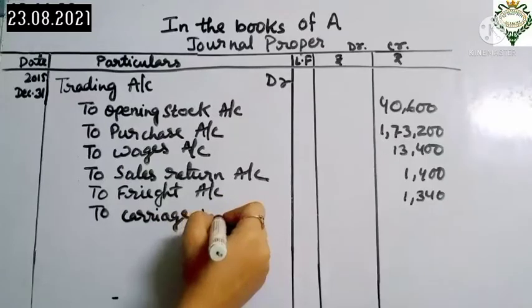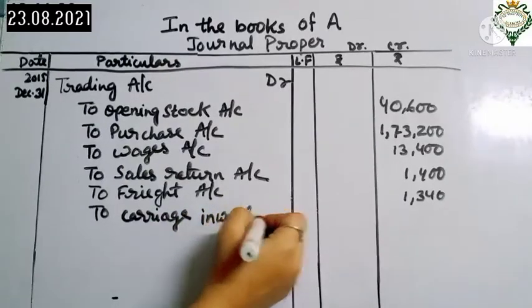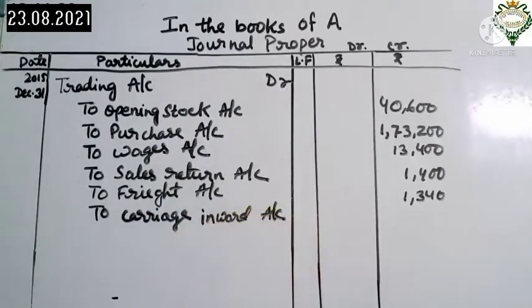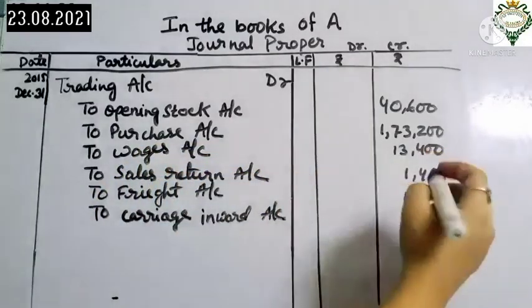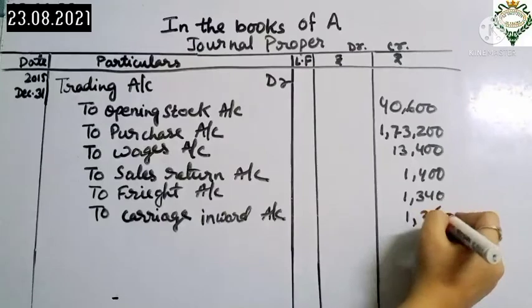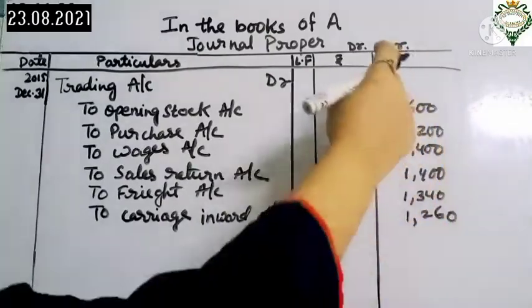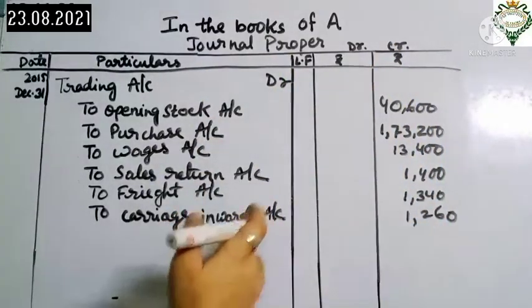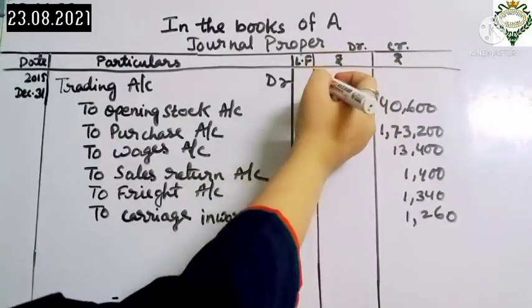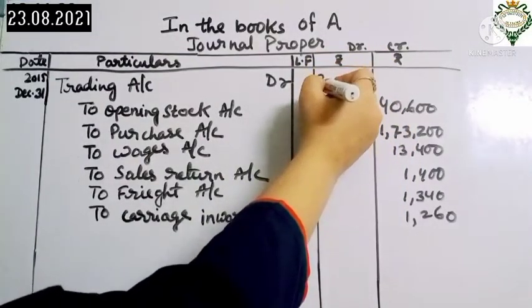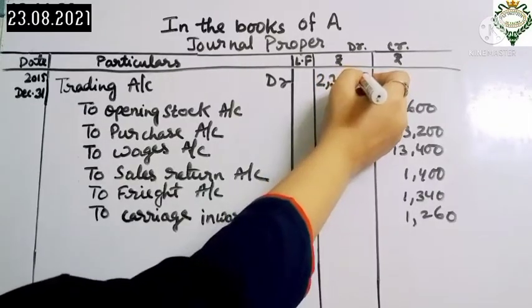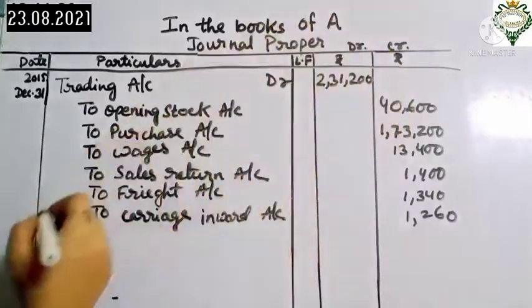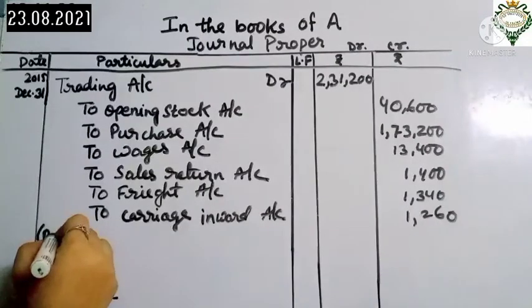So carriage inward account, the amount for this is 1,260. Now add all this up, all the expenses we have recorded here, and write the total amount that we have to transfer to the trading account, that will be 2,31,200.